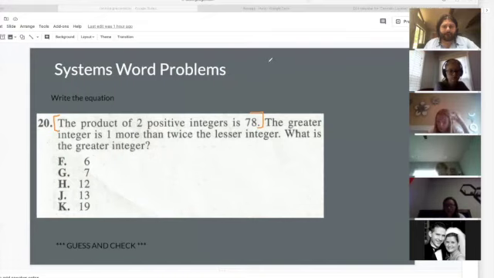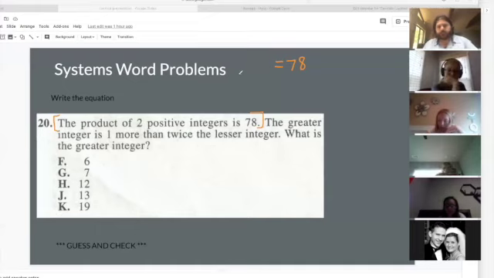So first of all, you're gonna need to do equals 78 because you have the product of two positive integers. So it's gonna be multiplication. And what are we multiplying here to make 78?